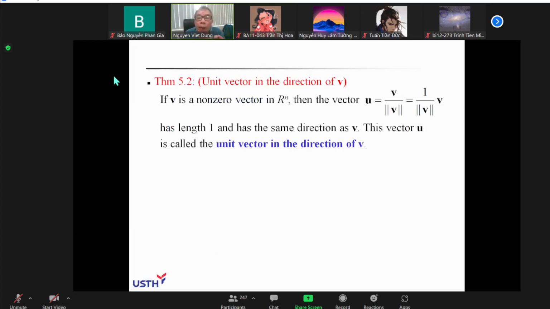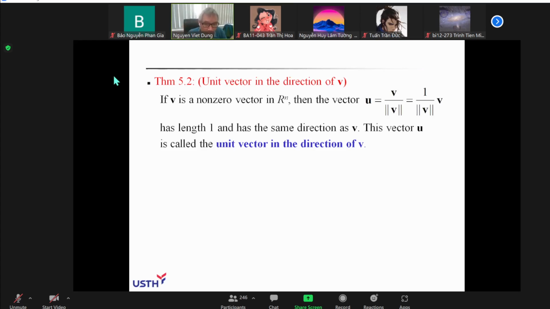If you take v and divide it by its length, we can divide because v is non-zero, so the length is non-zero. Then we get a new vector denoted by u, and that u is a unit vector, meaning u has length 1. We call this vector u the unit vector in the direction of v.